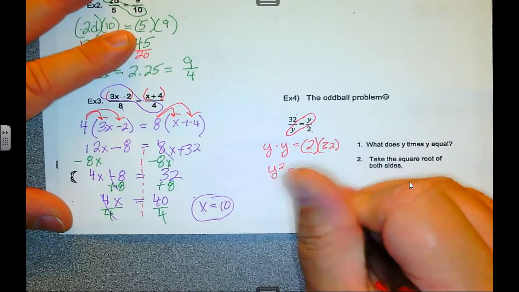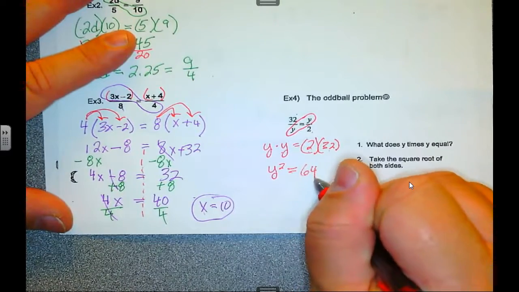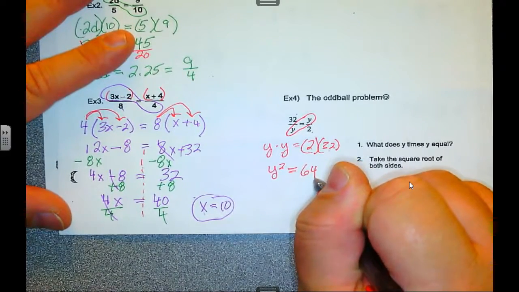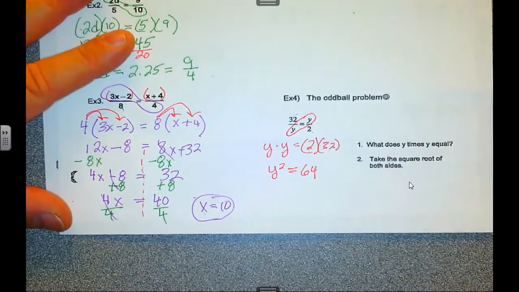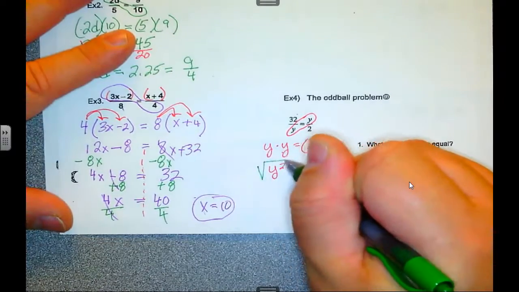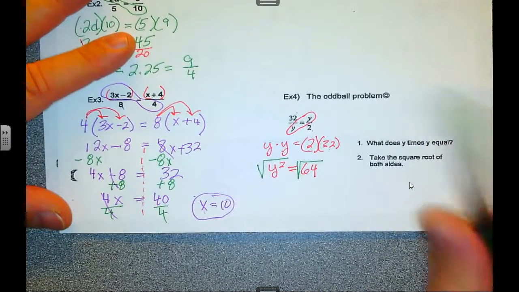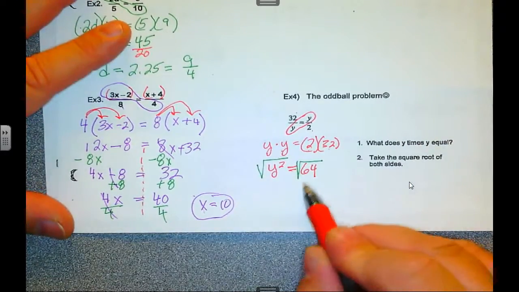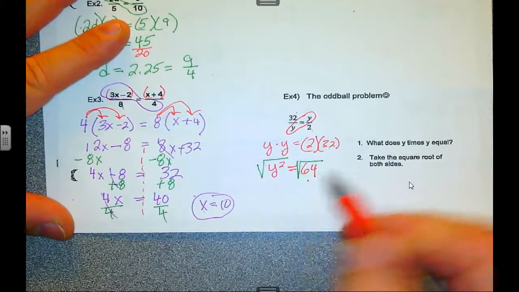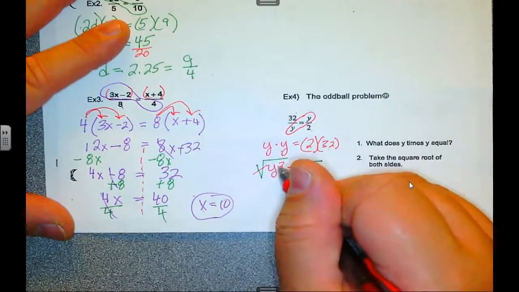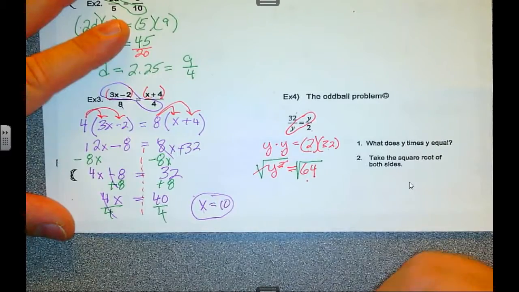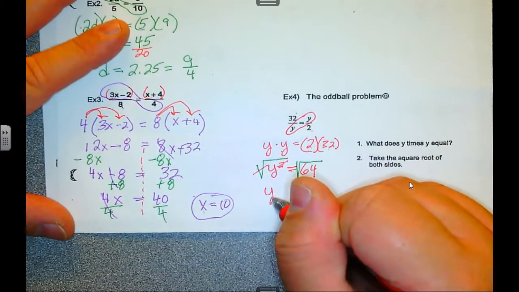2 times 32, 64. Now, to get rid of the power of 2, square root it. Okay? Now, there's a couple of things that happen when you square root. Fortunately, this is a perfect square. This square root is going to cancel out the power of 2. So I get y.